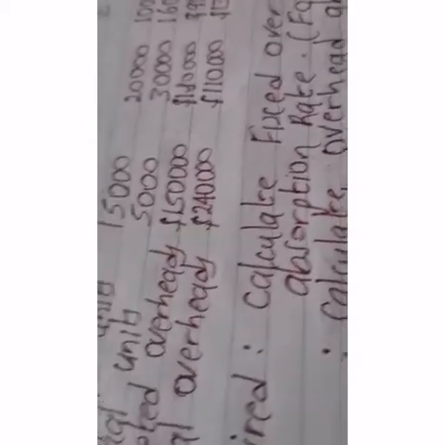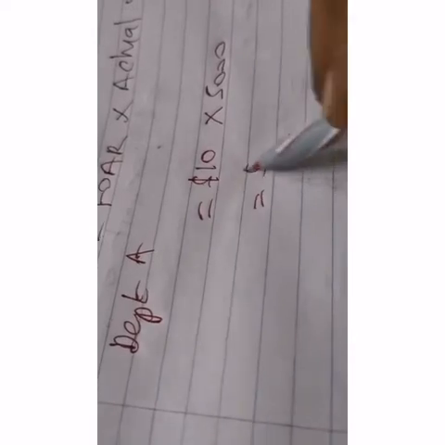So we calculate for Department A. FOAR for Department A, how much do we have? $10 per unit. So $10 per unit, FOAR times actual units, 5,000. That gives us $50,000. So we have calculated for Department A, overhead absorbed in production, $50,000.